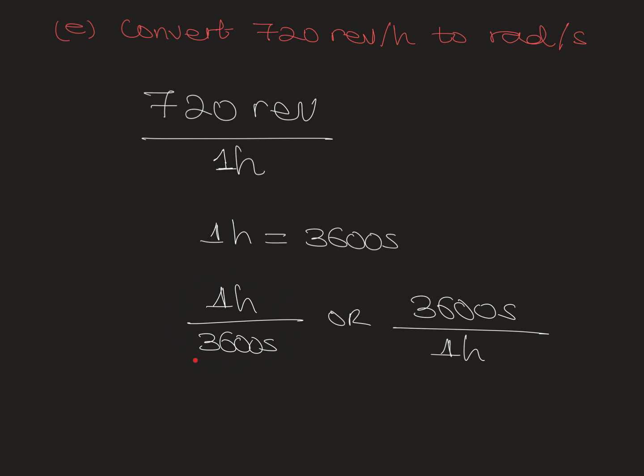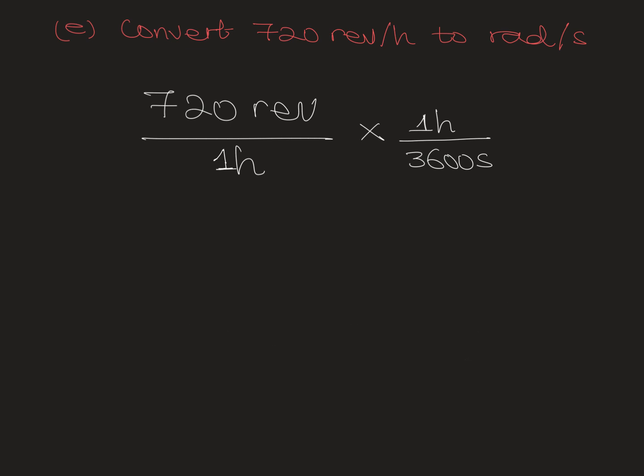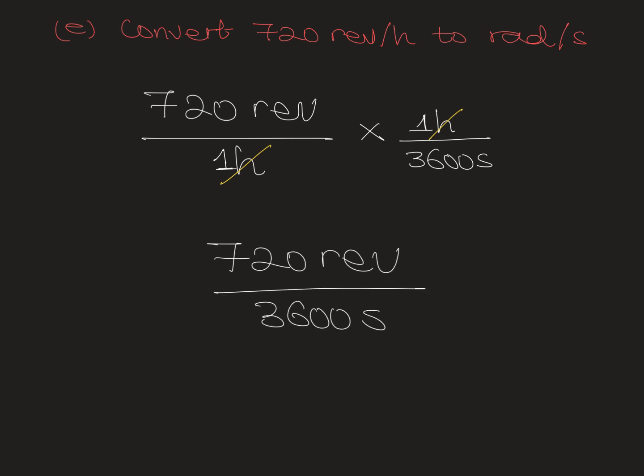So multiply by 1 hour divided by 3,600 seconds. Hour will cancel hour. So we will have 720 revolutions divided by 3,600 seconds. If you simplify that, you will have 0.2 revolutions per second.